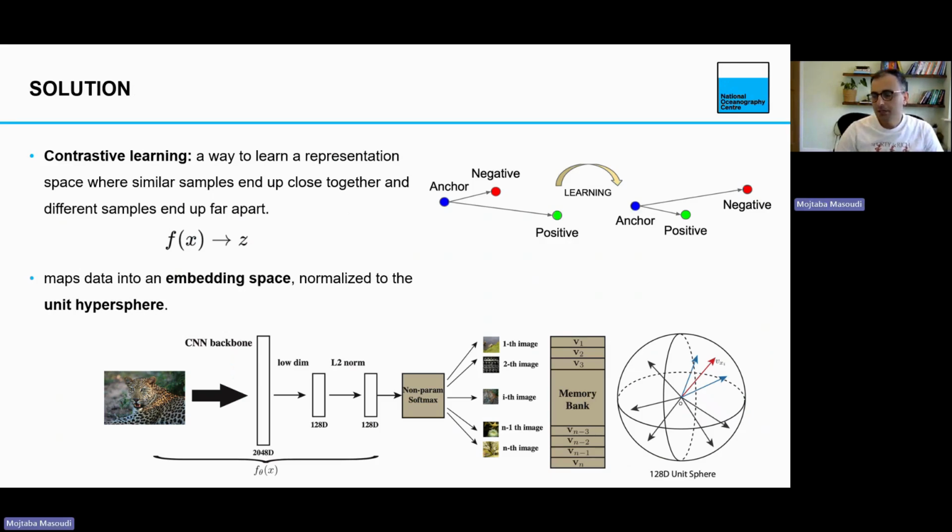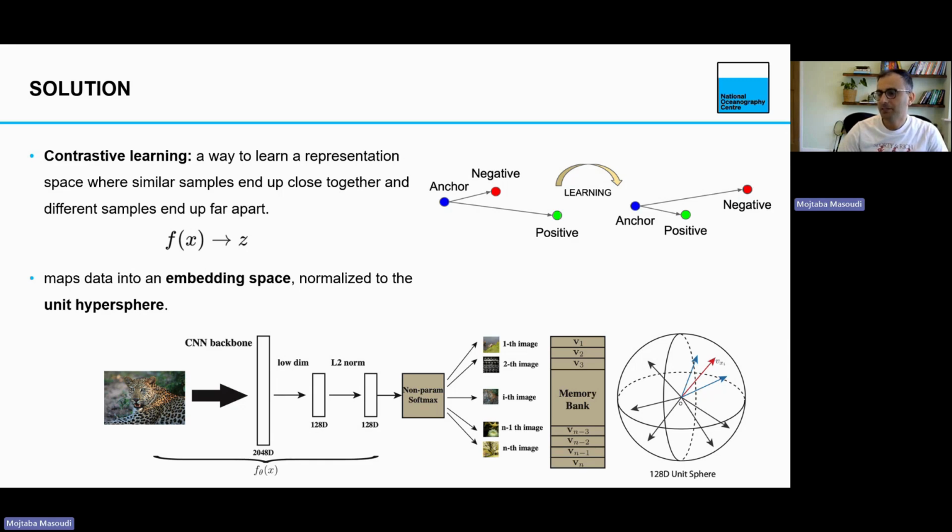So considering those things, we come up with the idea of contrastive learning. We introduce a way of modeling in contrastive learning. In contrastive learning, the whole idea is that we pull positive pairs together and push negative pairs apart.